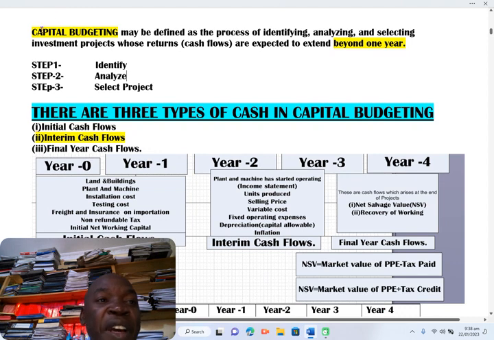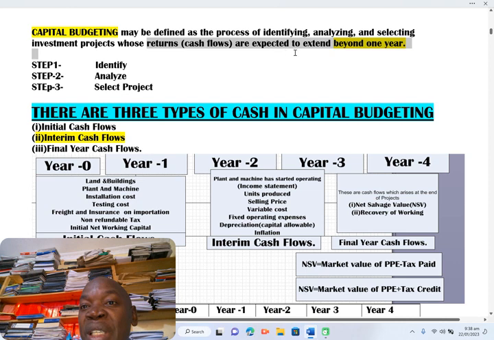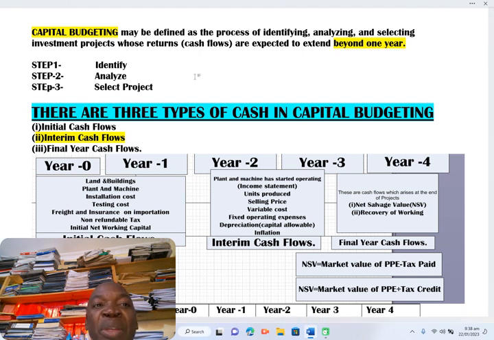So, as it is defined, capital budgeting involves identifying, analyzing, and selecting investment projects whose cash flow are expected to exceed 1 year. If you have a project for 5 months, it does not qualify as capital budgeting because it's below 1 year.